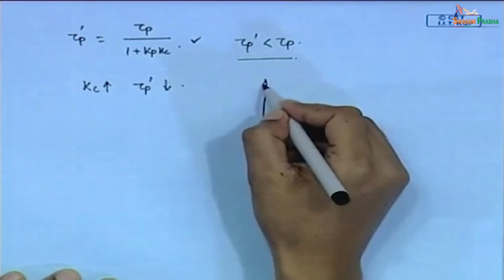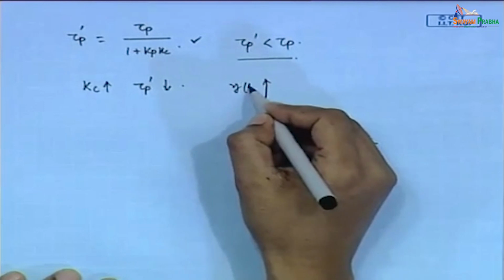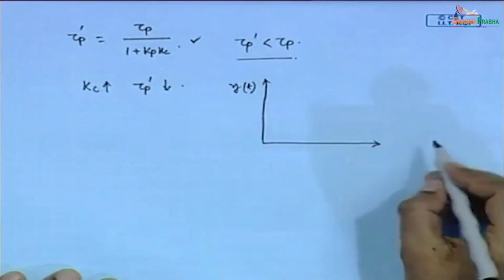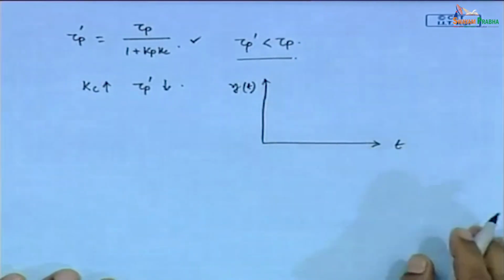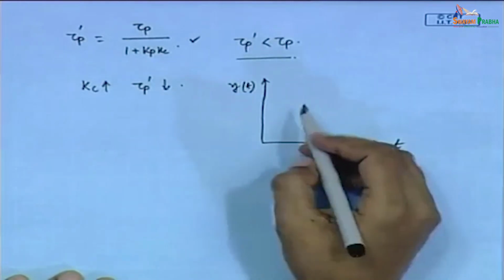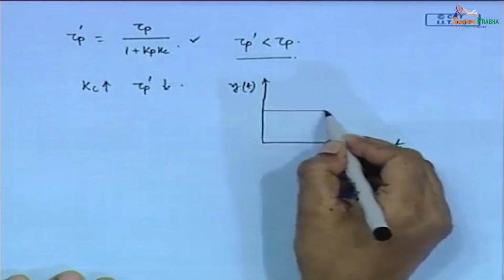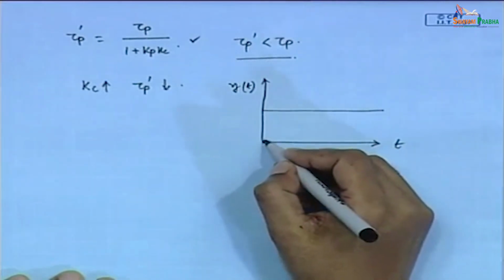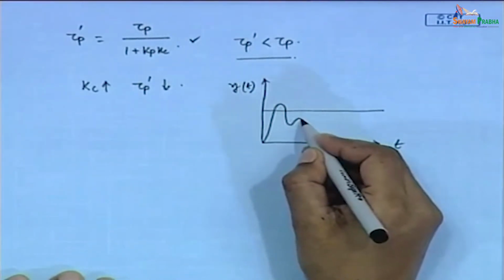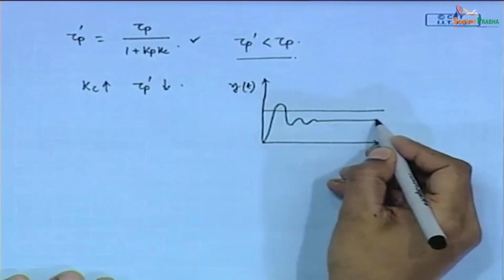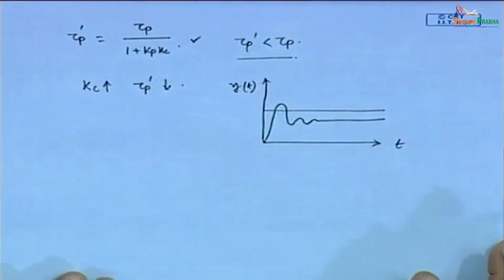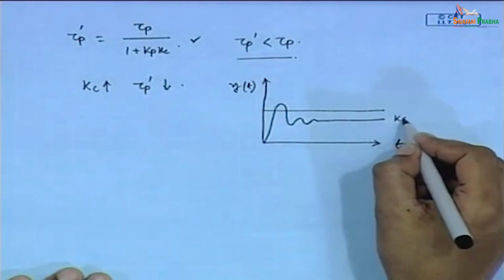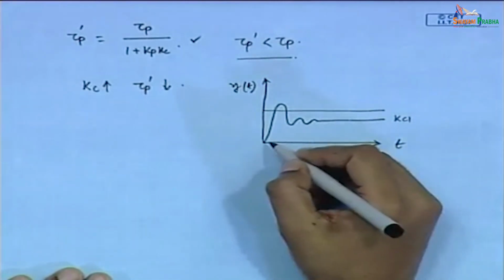So, if you recall this plot, which includes the process response under different k c values.